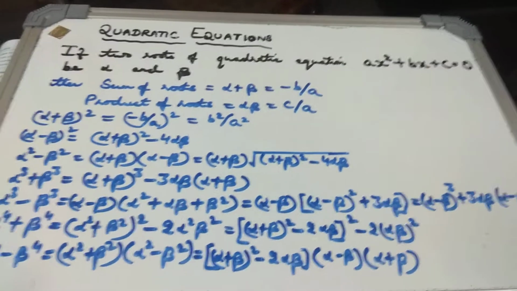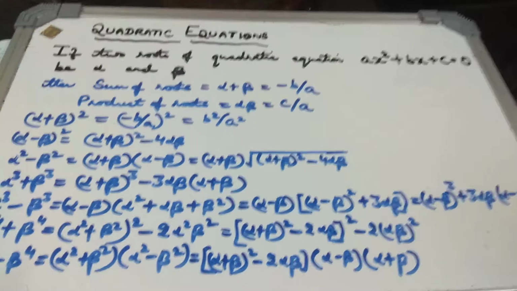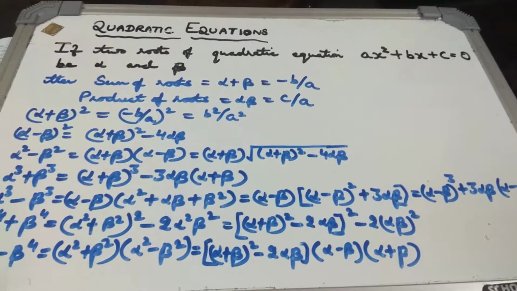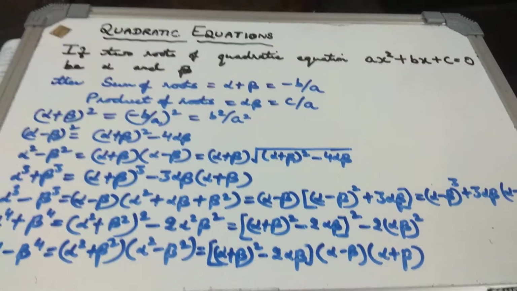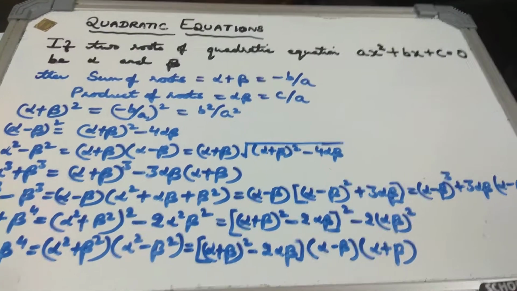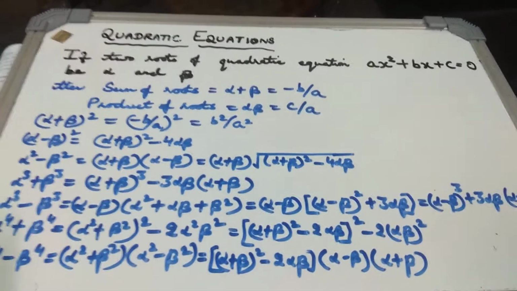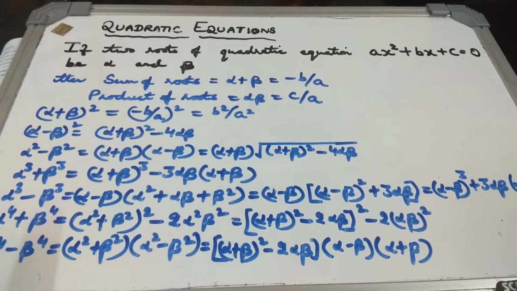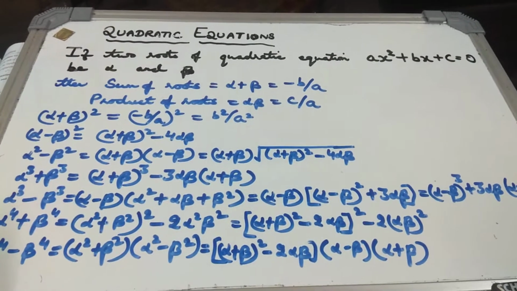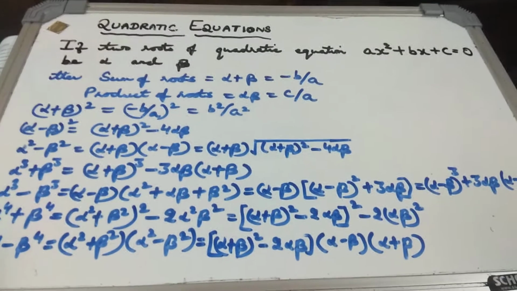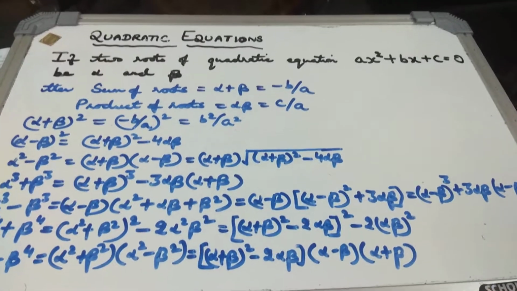Now in case your equation is of the form ax square plus bx plus c equals to 0, then we know that this equation being quadratic is going to have two solutions. Those two solutions could be called as roots of the equation, and we assume those two roots to be alpha and beta.